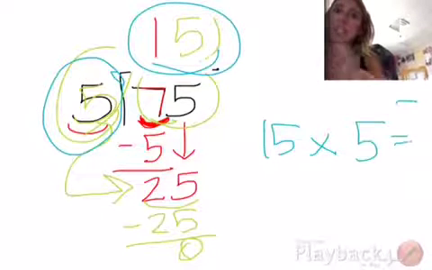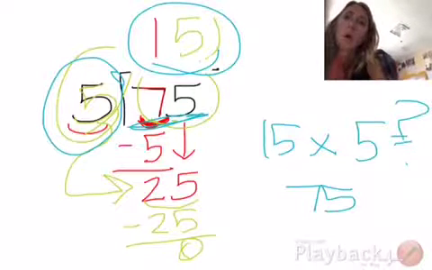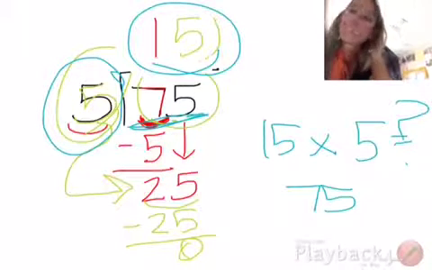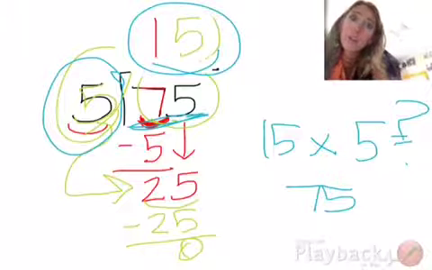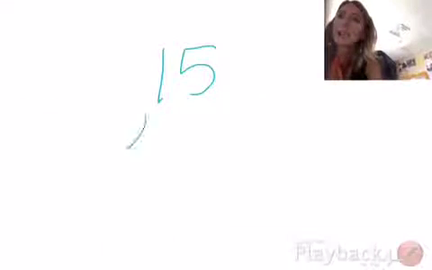And we're going to see if we get our dividend of 75. That's the moment of truth. You don't ask your teacher, did I get it right? No. You can check it and see if you did. So let's go ahead and multiply it. Here we go. 15 times 5.